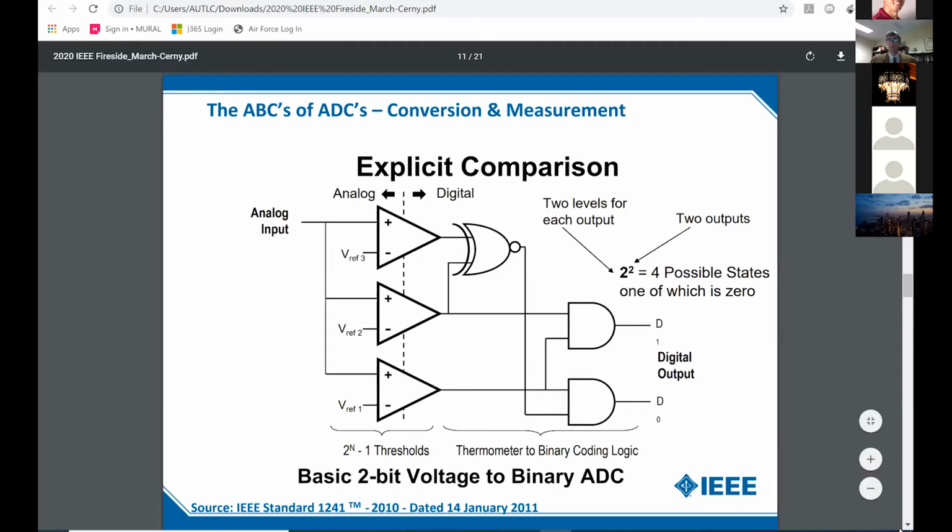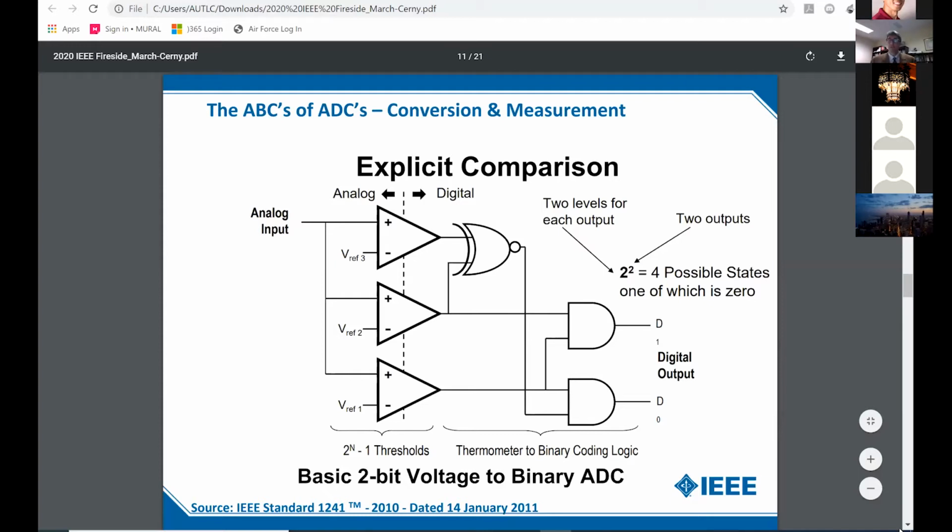Once that occurs, you begin to take that information into the digital domain across the dotted line, and you now have logic circuits that go ahead and make decisions as to, one, where the voltage is with respect to its reference, and how you go ahead and begin to build those quantized states.